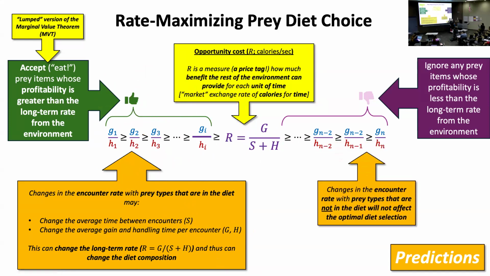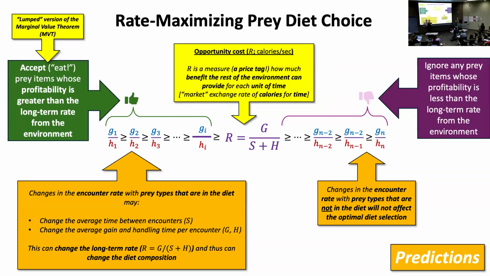Another prediction we have is kind of the flip side of that. For items that the predator is ignoring, if you change their encounter rates, the predator will continue to ignore them. You can imagine other diet choice models where this might not be the case, where you keep track of all of these things, and once something that is less profitable becomes really plentiful, then maybe you'd start eating those.